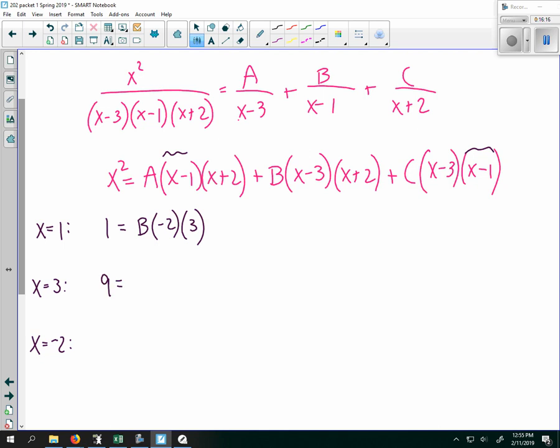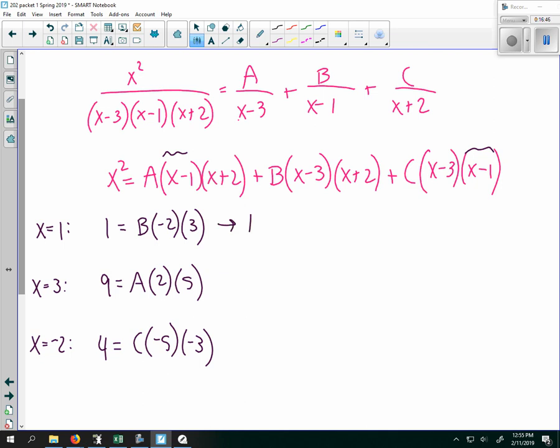Then my first term is a times 2 times 5. And my other 2 terms go away because they both have an x minus 3 factor. And when x equals negative 2, I get 4 equals, first term goes away, second term goes away, the third term is c times negative 5 times negative 3. So that worked out nicely.